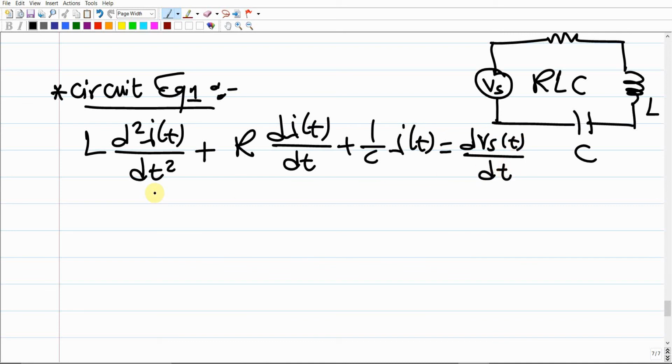This is the circuit equation for any RLC circuit, right? As we already defined it up there. Make sense?